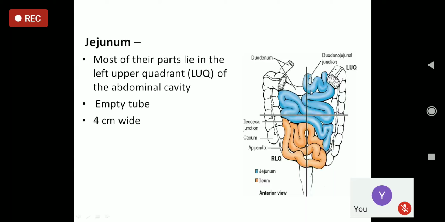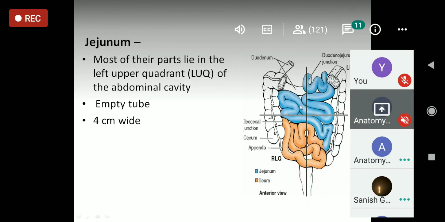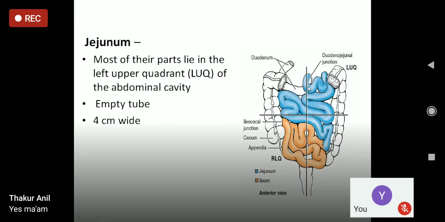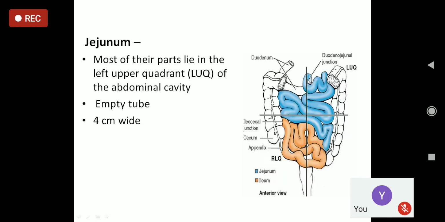Can you hear me or not? Yes, ma'am. Okay, how is it divided into 4 quadrants? By the midline plane and transverse plane. Can you tell me again? By transverse plane and middle plane.